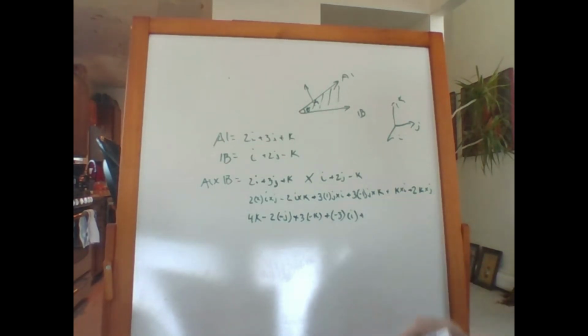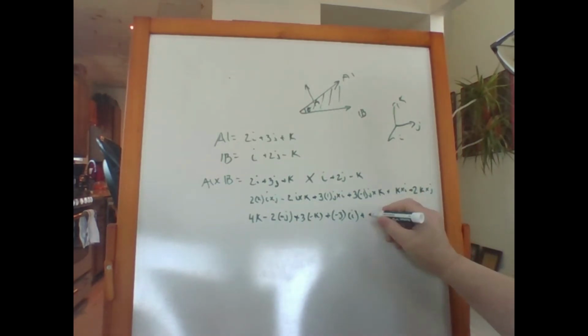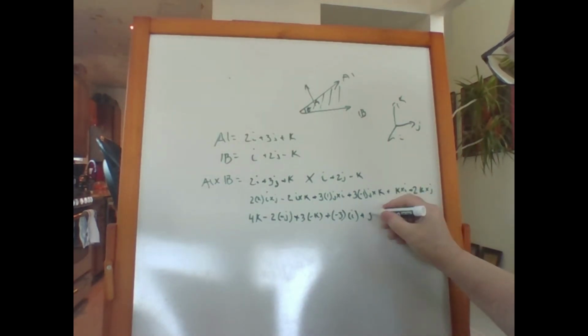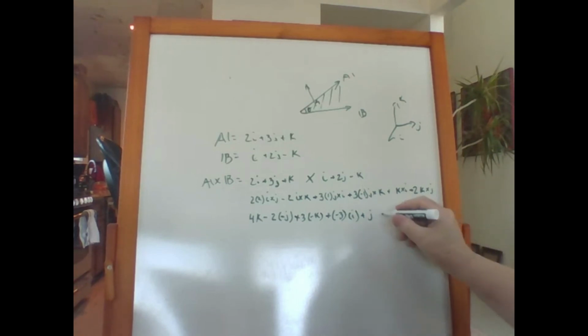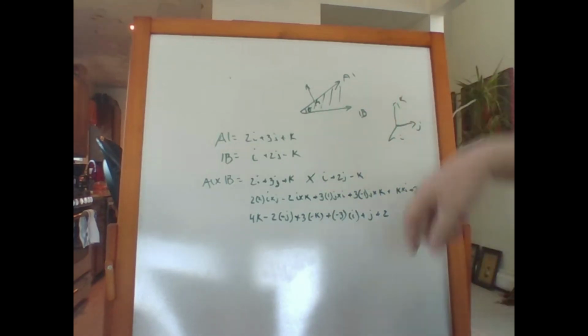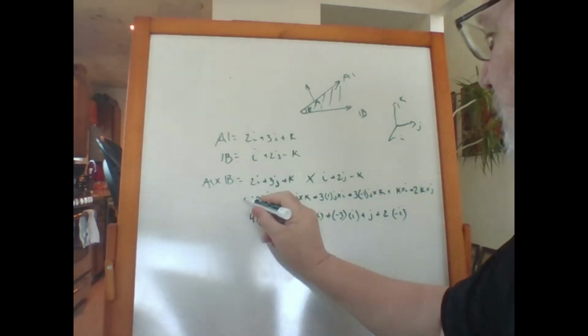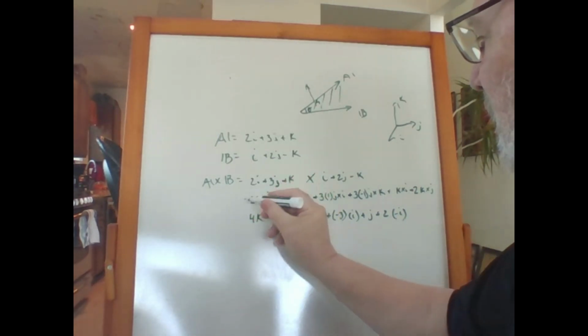Plus k cross i is j. j. And plus 2, k cross j, that's the minus i direction, minus i. So let's get all of this straightened out.